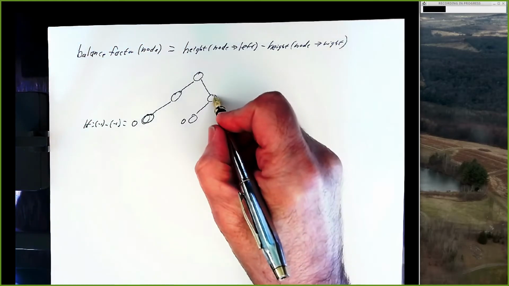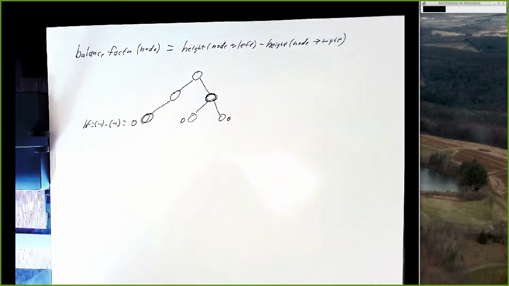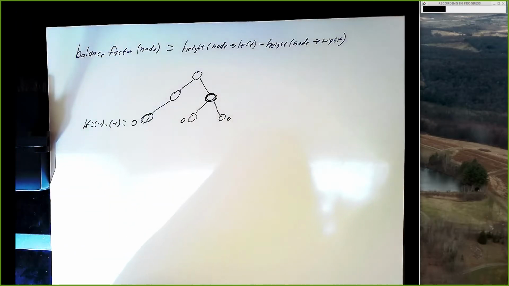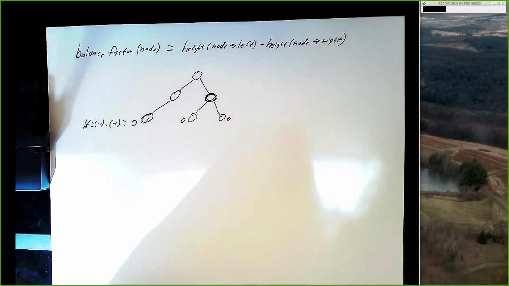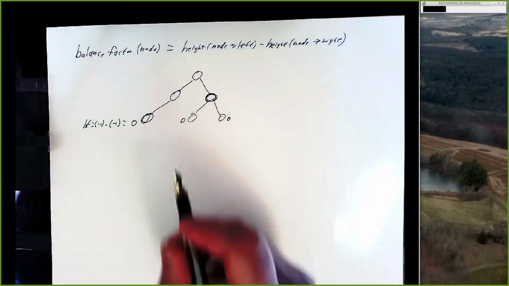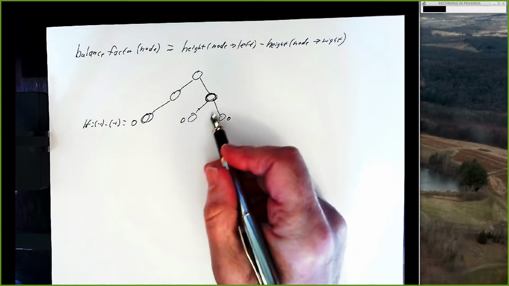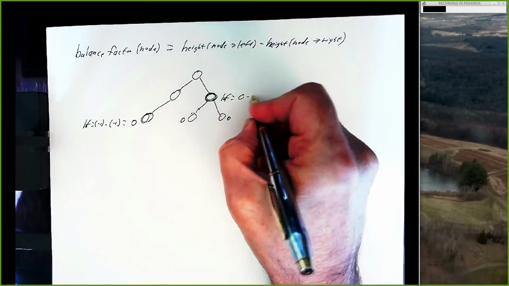So what about this node? What would the balance factor of this be? Wouldn't that be also 0? Yep, it would be actually 0 minus 0. So the left subtree is a single node, which has a height of 0. The right subtree also. So the balance factor will be 0 minus 0.